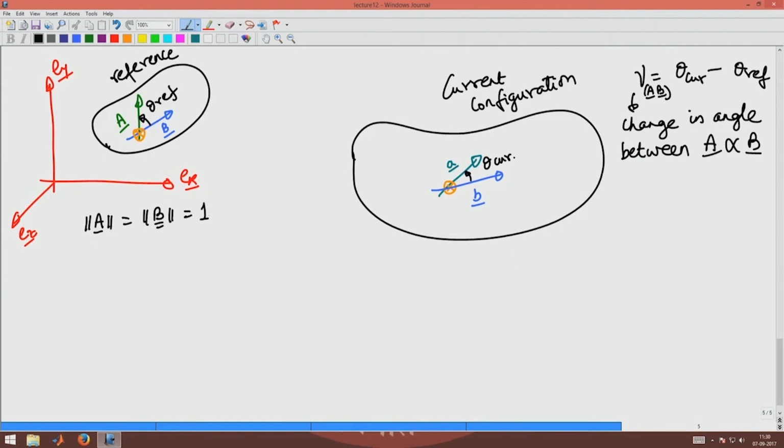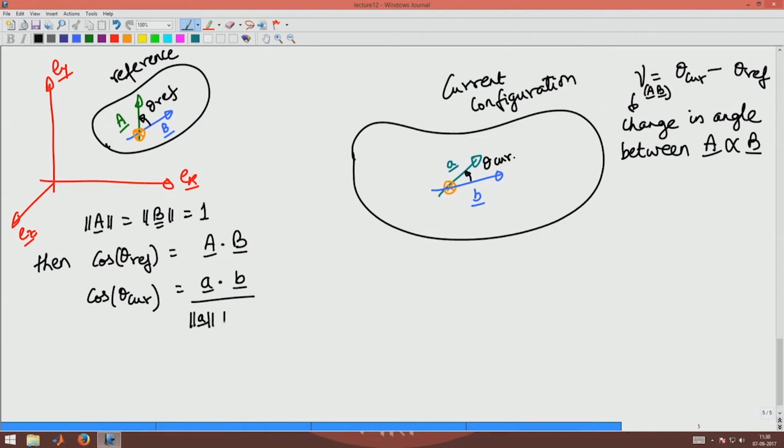Then cos theta ref would be A dotted with B. Similarly, cos of theta current would be small a dotted with small b divided by norm of a and norm of b.